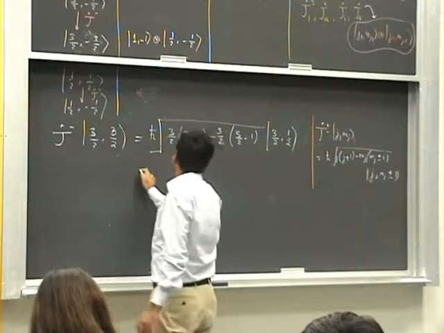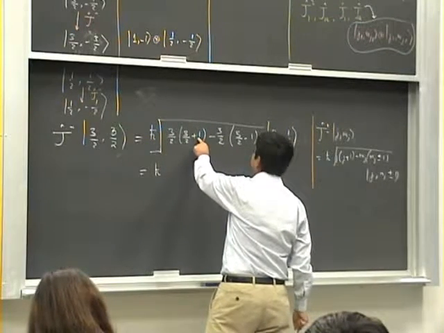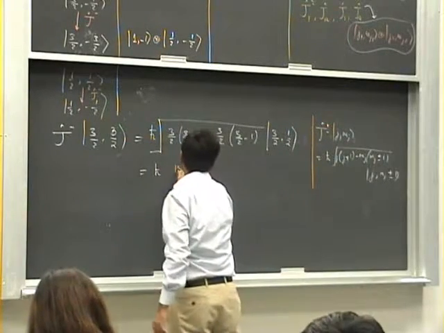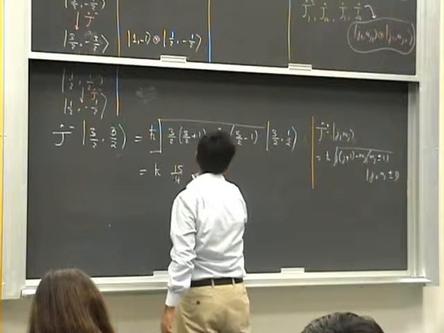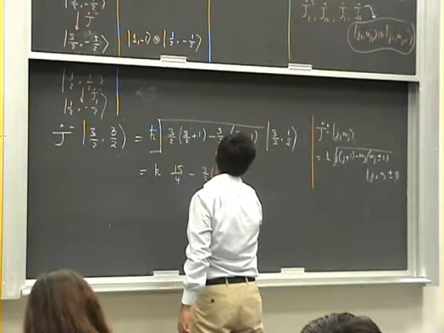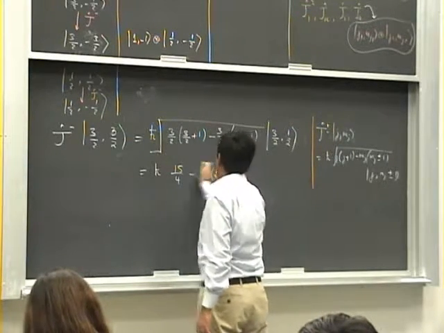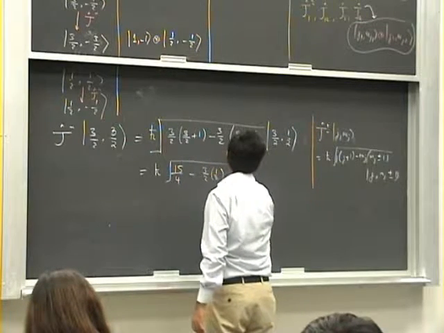So this becomes H bar square root of 3/2 times 5/2, which is 15/4, minus 3/2 times 1/2, which is 3/4.